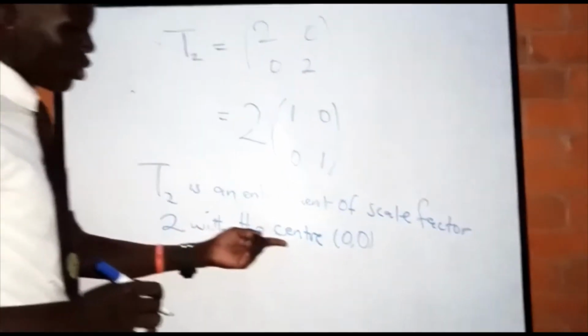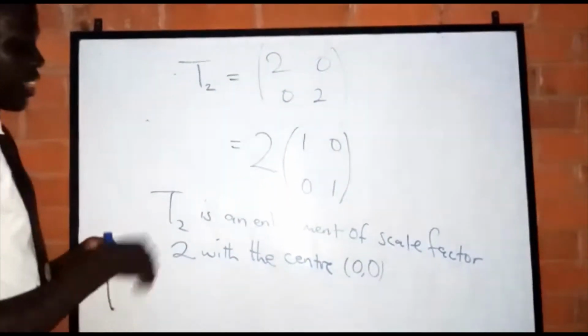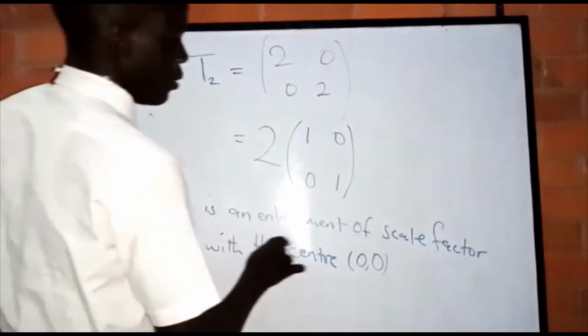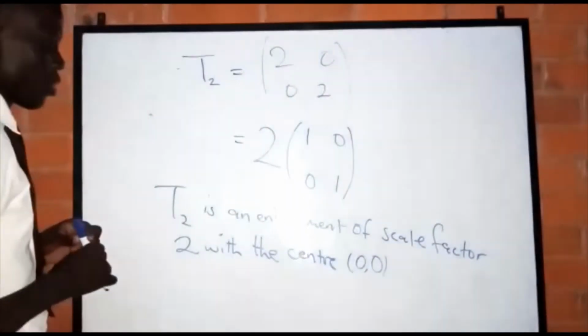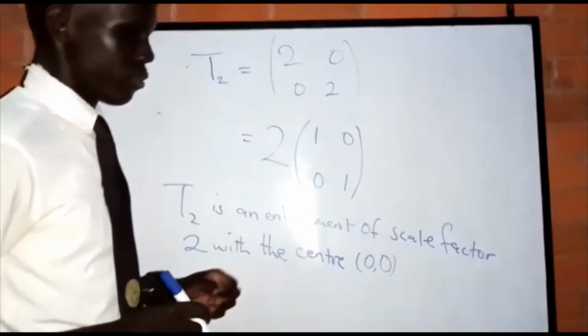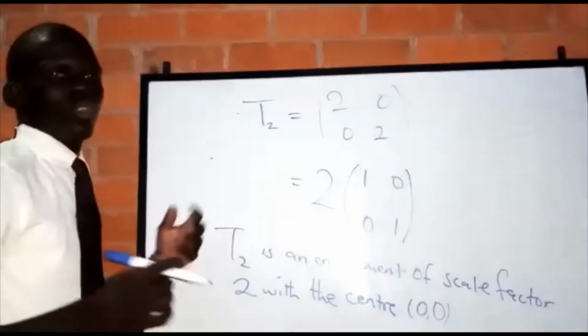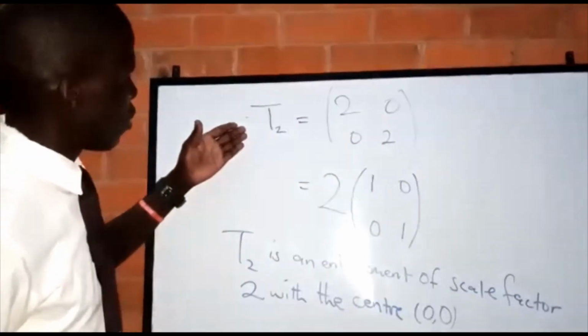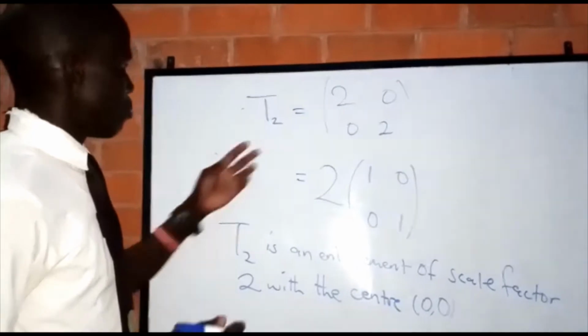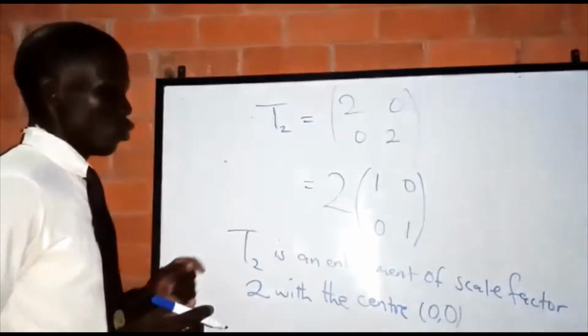Or, if you don't want to say this, you can simply say T2 is an enlargement of scale factor 2 with the origin as the center of enlargement, and you're done. This is how we describe the matrix transformation T2.